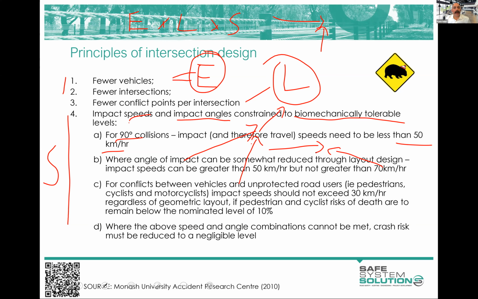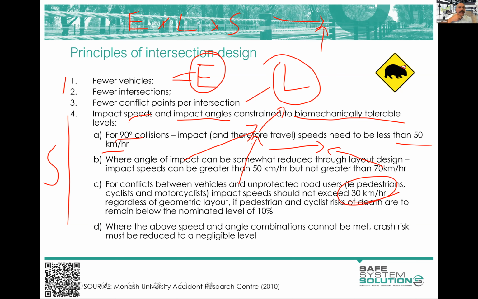In the direct side impact crash, the right angle T-bone style crash, the side of the vehicle is very poorly set up for absorption of energy. You get a little bit from the side curtain airbag, but really not a great structure for that crash. Of course, with vulnerable road users, we're looking at 30 kilometre per hour speeds or below. The angle of crash is not that important when you're talking vulnerable road users.